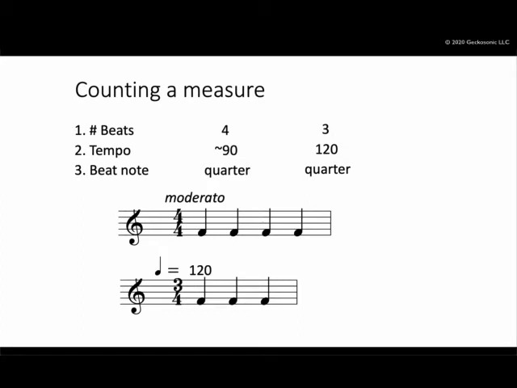So let's start learning rhythm by counting a measure, but we have to look at the measure first before we start doing anything. In the top measure, we see that it's 4/4 and the tempo is moderato. It tells us a lot of things. It tells us there are 4 beats in the measure.